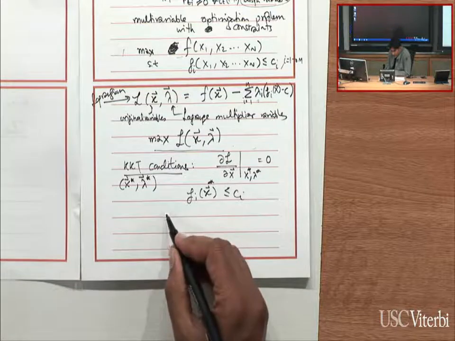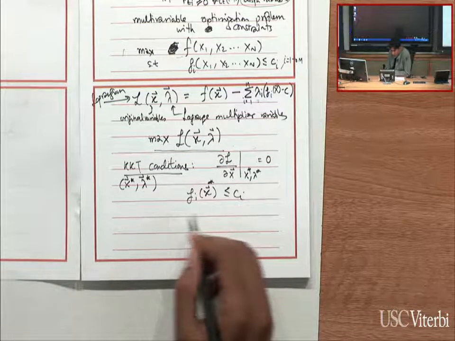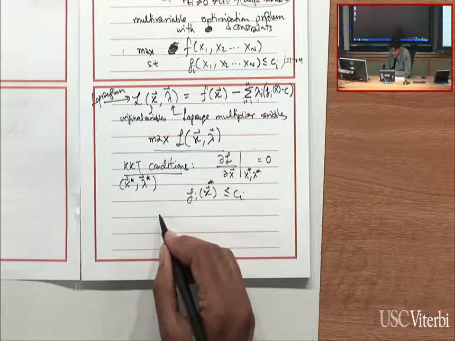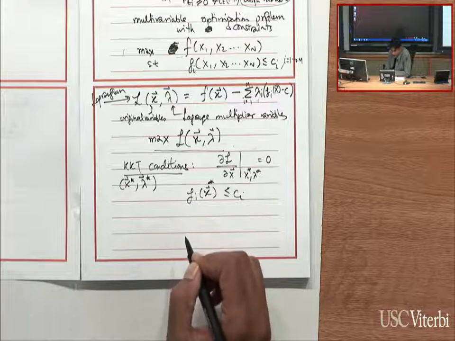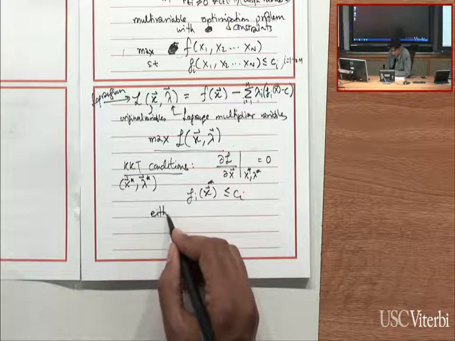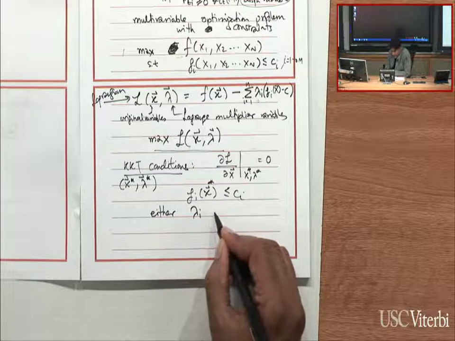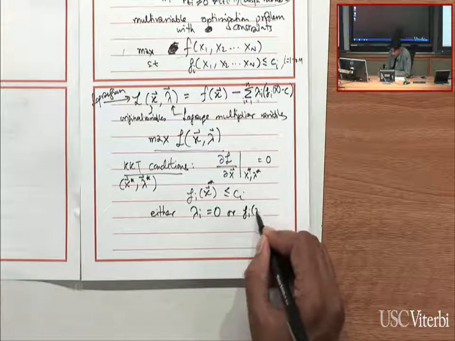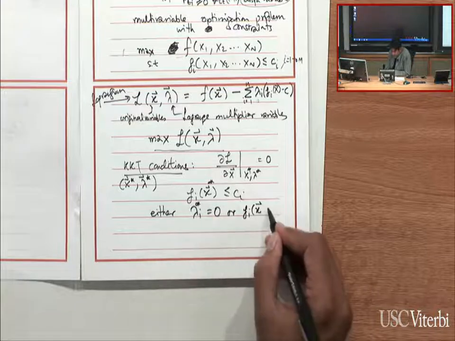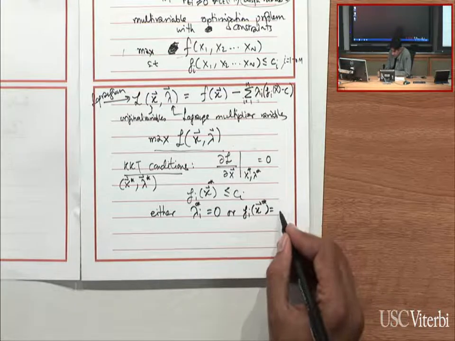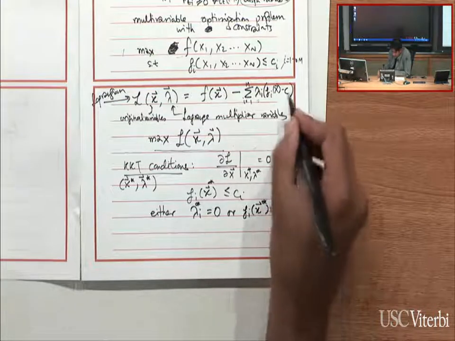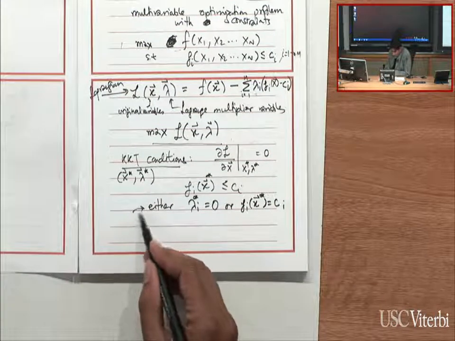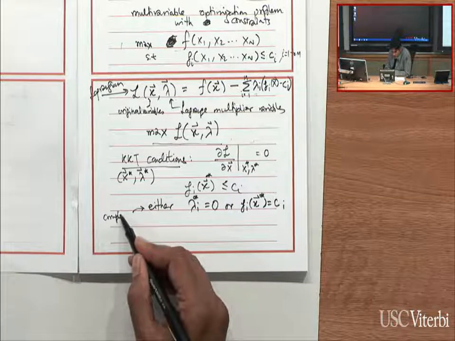And then there are a set of conditions that either lambda i equals 0 or g_i of x star must be equal to the c_i. These are sometimes called complementary slackness conditions.